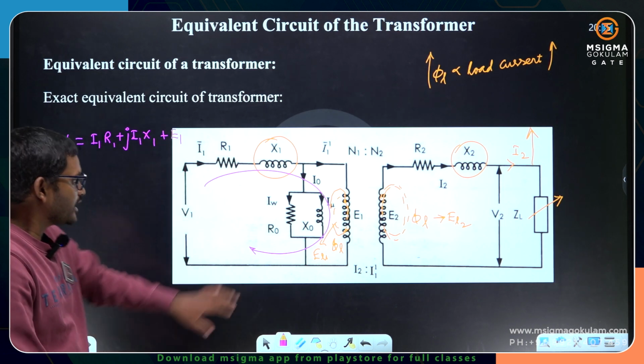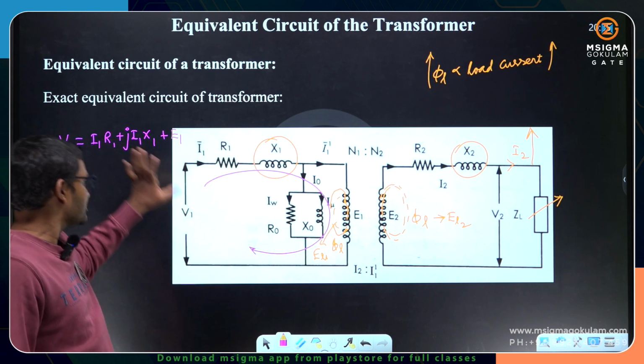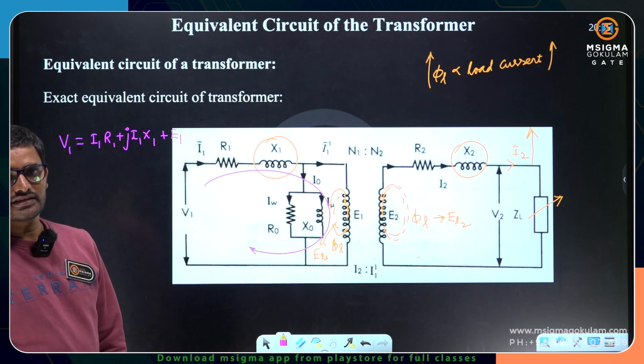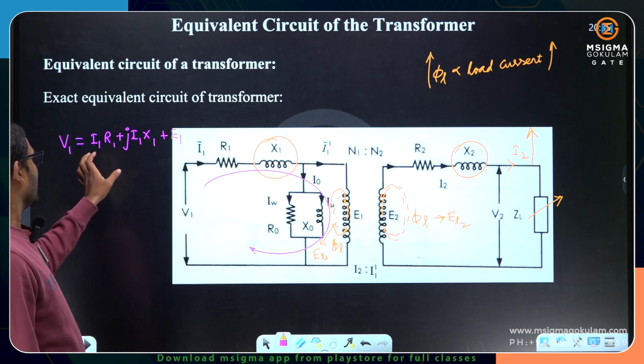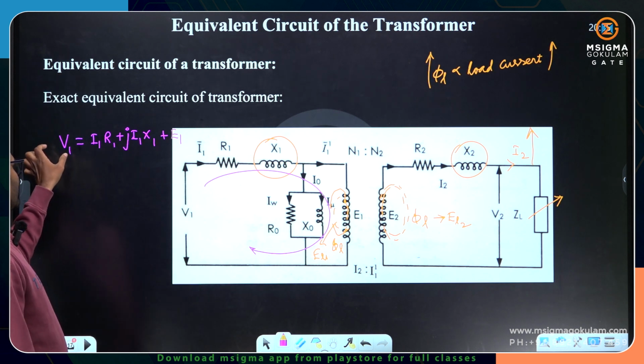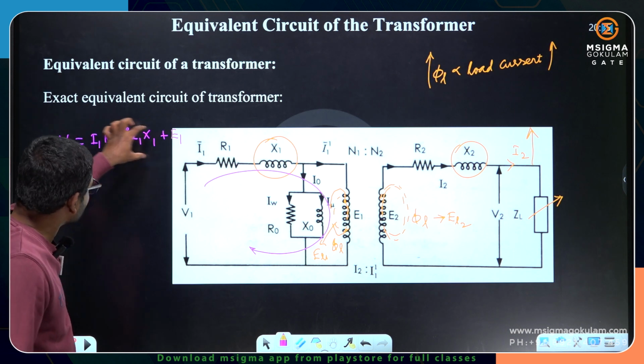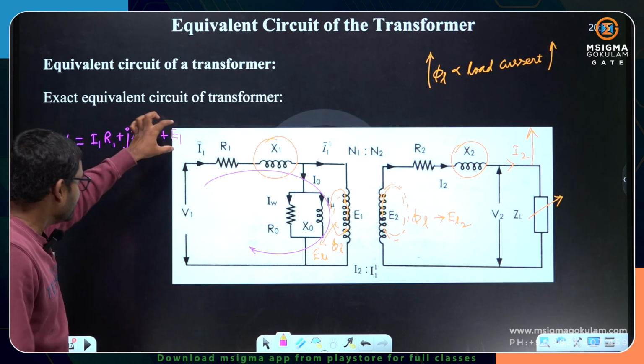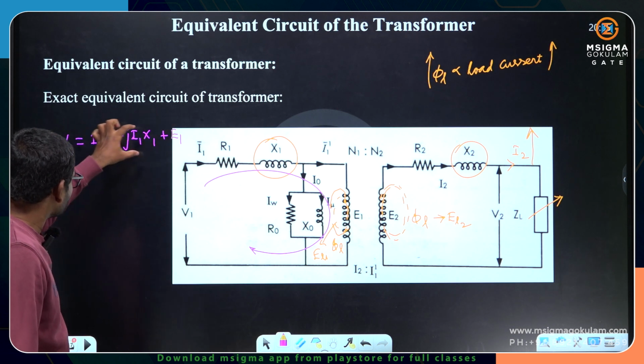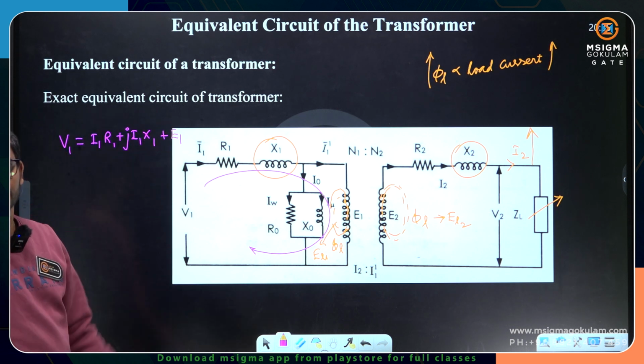So the EMF plus these drops is equal to the source voltage. This is the supply voltage, so to the EMF you should add all these drop components.